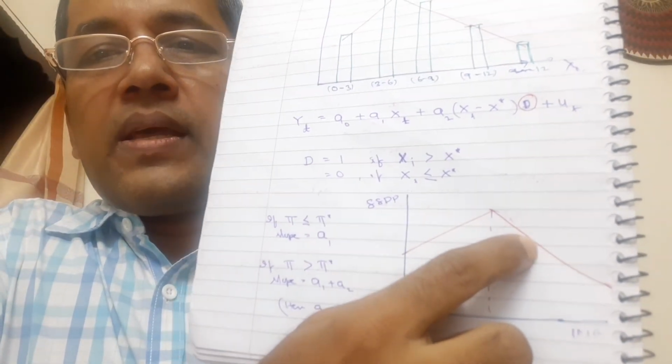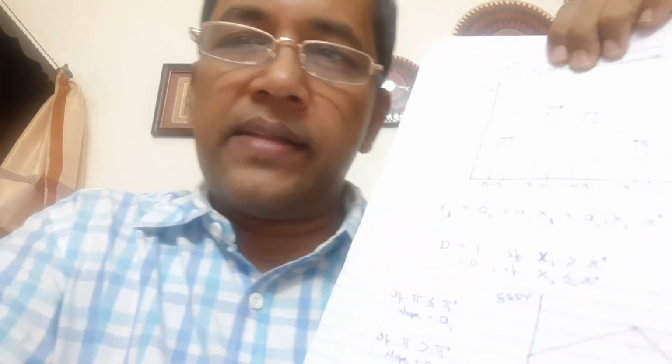In this example, A2 is negative and it should be higher than A1 in absolute value, so that the slope becomes negative. So this is the third important application of dummy variables that we have discussed. With this I'm closing the dummy variable analysis where the right hand side or explanatory variable is a qualitative variable.